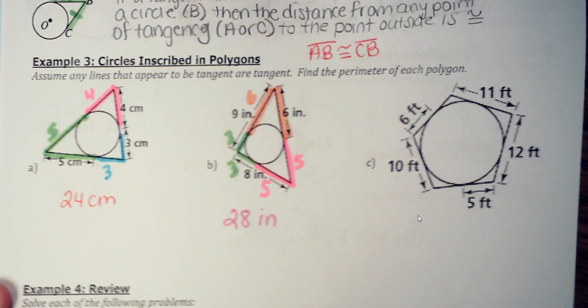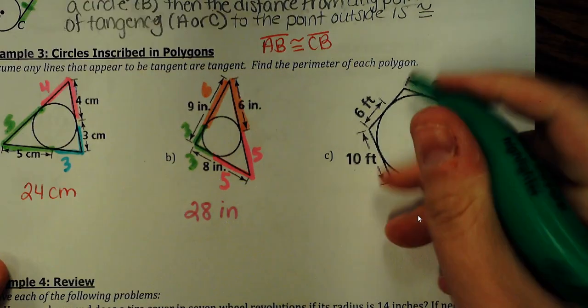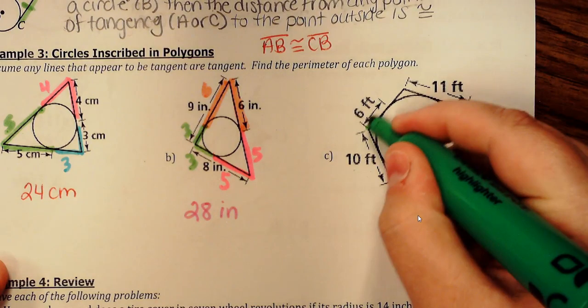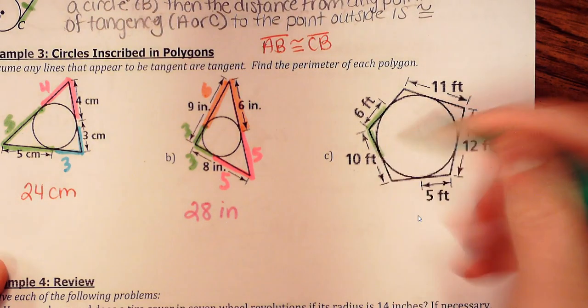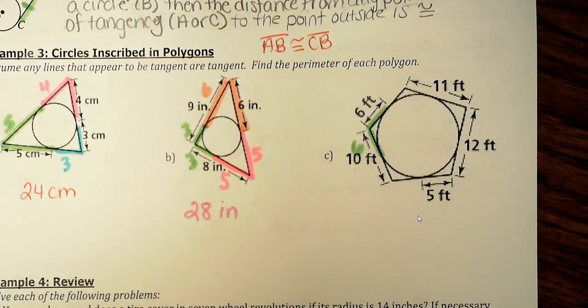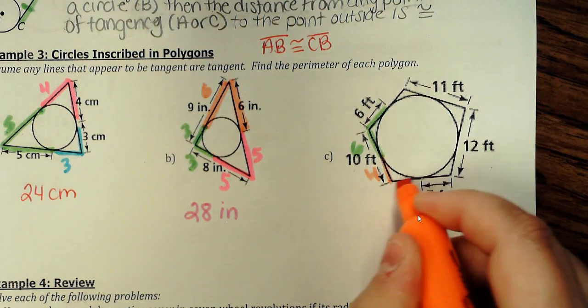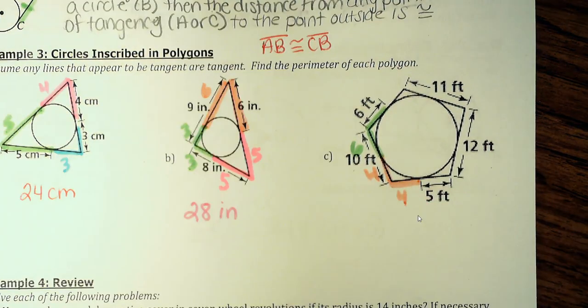And then I've got one more. I don't know if I have enough highlighters for this, but we'll try. Okay, this distance is 6. So to this tangent point only would also be 6. Now, if that whole side is 10, and that much of it's 6, this has to be 4, and this has to be 4.